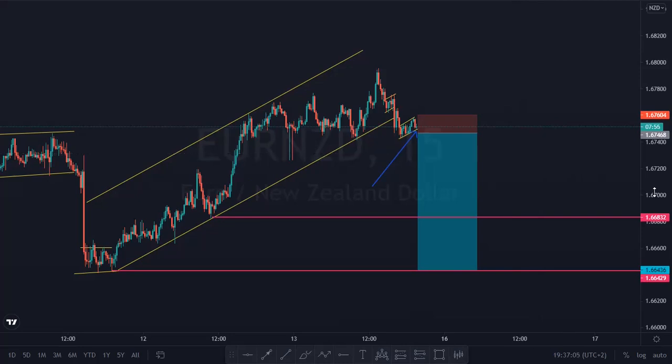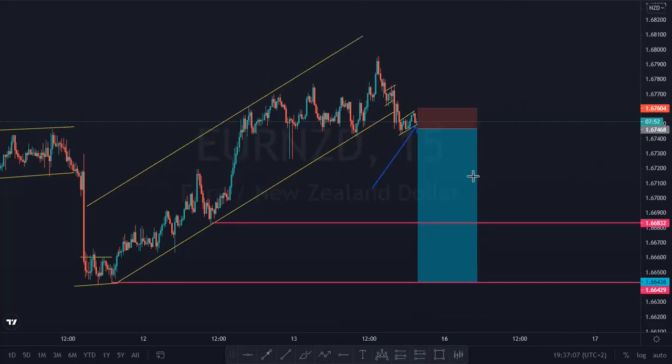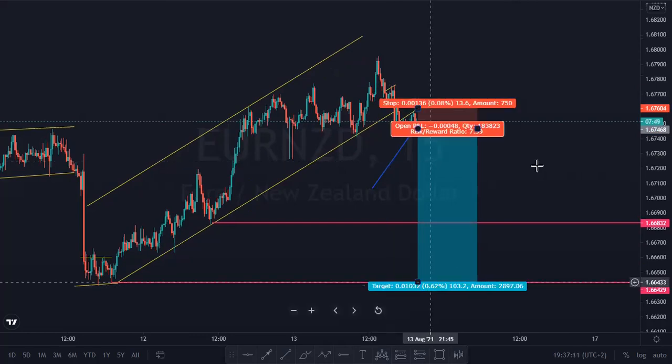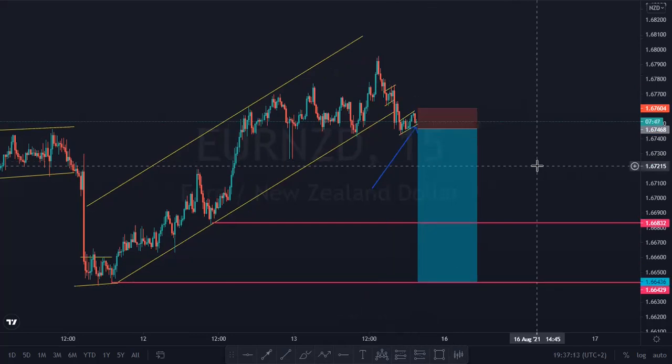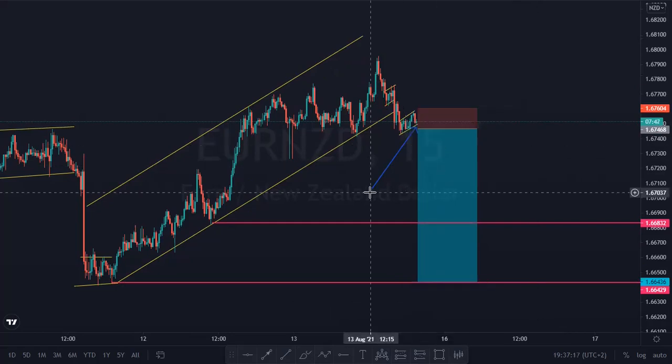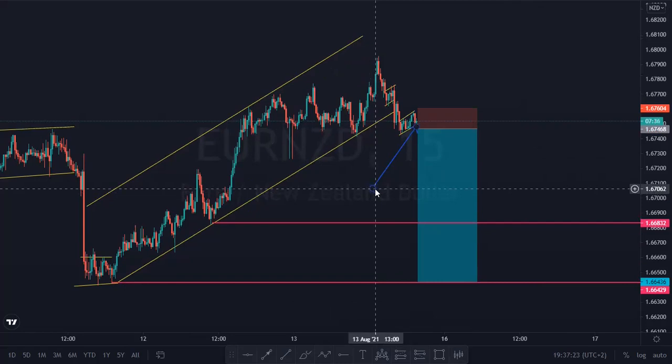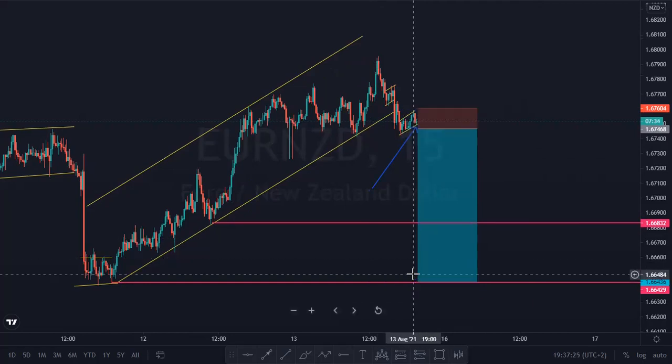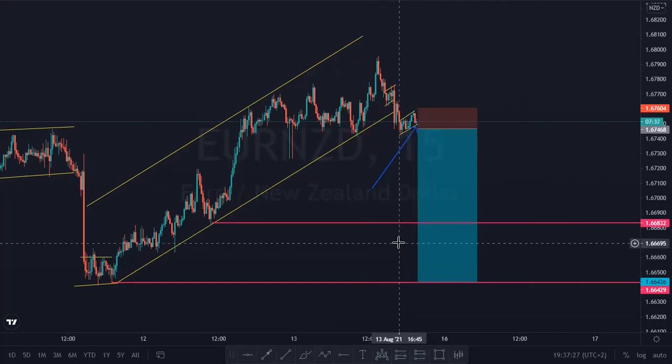This one is proven and tested: as soon as it breaks this structure, definitely you're gonna catch the whole move. It might not get there today, which is Friday. It might get there on Sunday night when the session opens, or maybe Monday afternoon, depending how volatile the market is on that day.